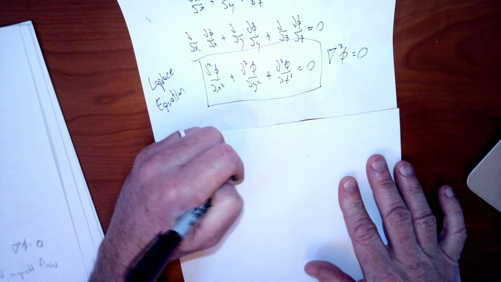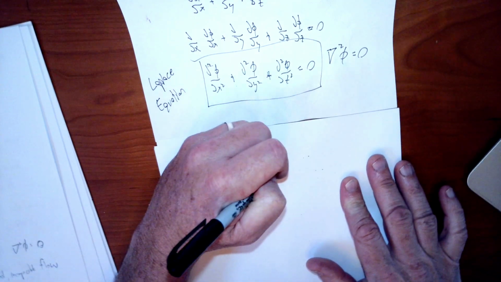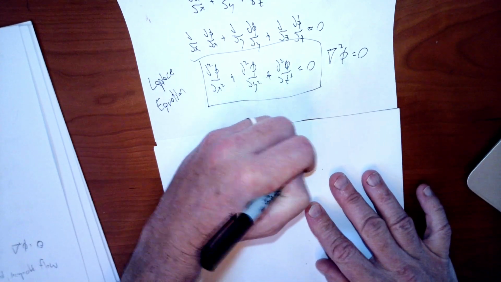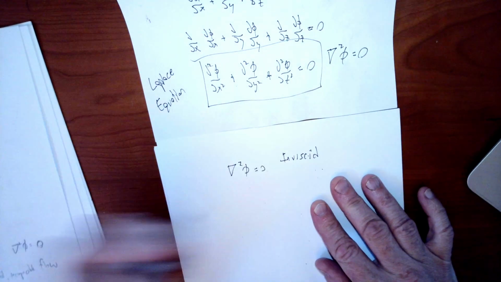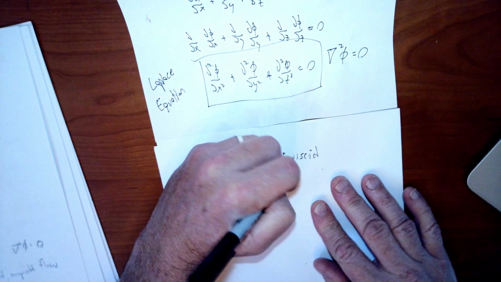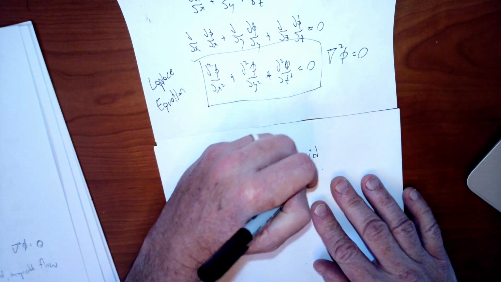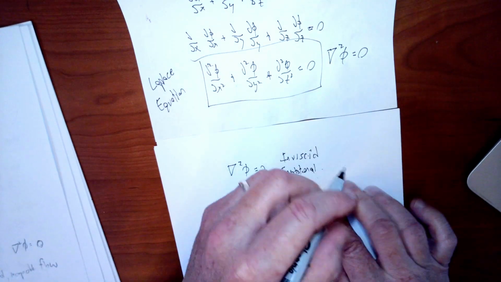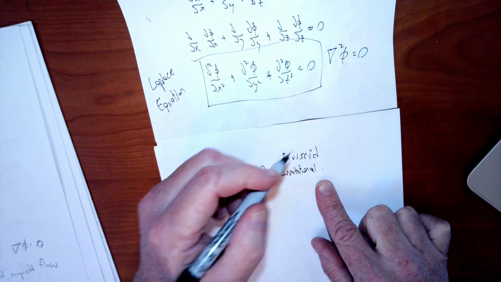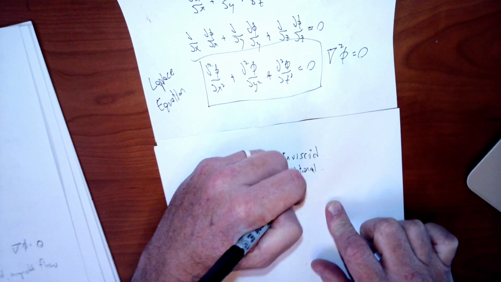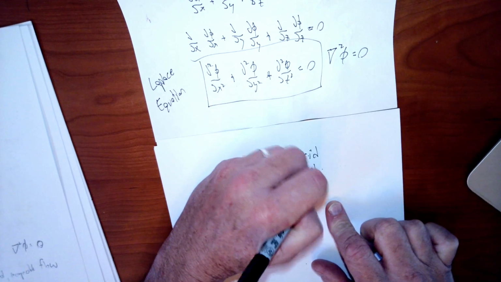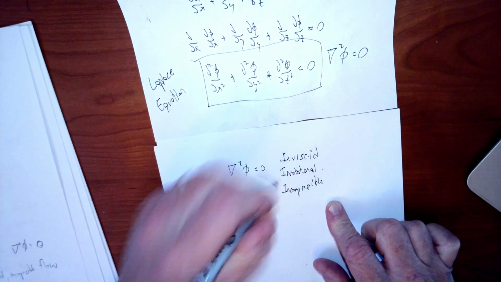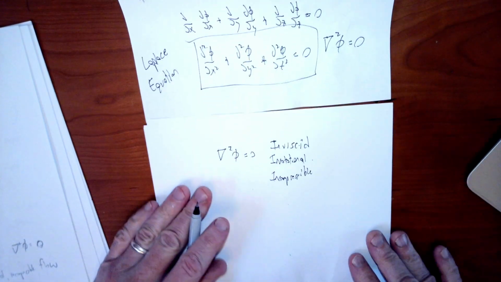So del squared phi equals 0. Inviscid, so you have to assume there's no viscosity. Of course, that's never ever really true. Irrotational, that is true, but if we have irrotational flow and there is viscosity, we might get some rotation. And incompressible flow, which is a very good approximation for many flows. So while that's obviously not really true, it's a good one.